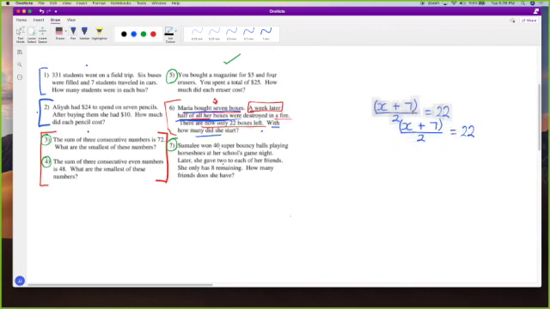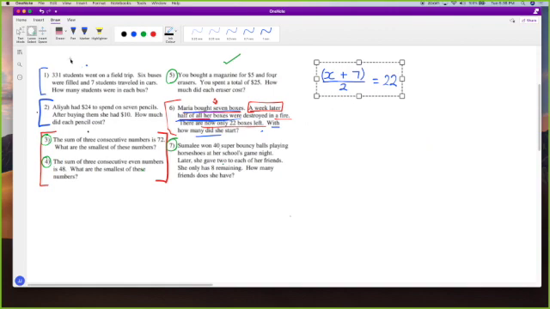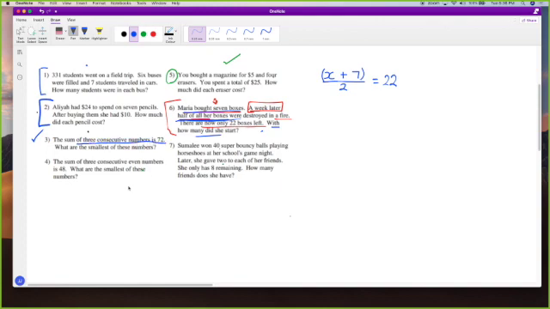But before we run out of time, let me see if anybody else could give me number 3. Once you know how to do number 3, then you're going to know how to do number 4. Right? So let me check 3 and 4 now. The sum of 3 consecutive numbers is 72.